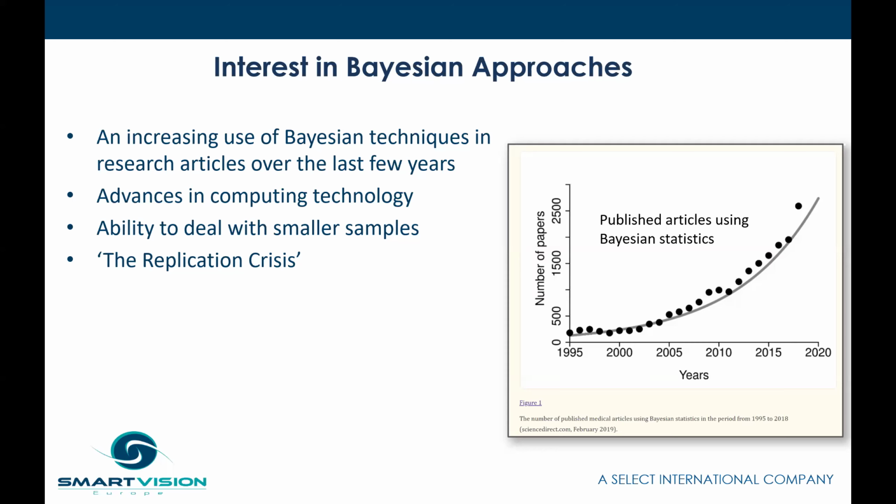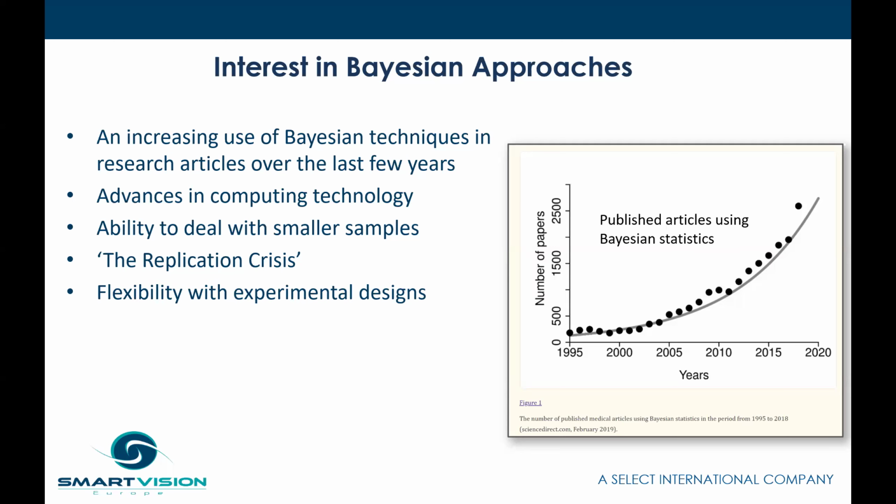Something which was statistically significant beforehand is no longer significant now, and some people have blamed that on the p-value being set at too high a level, with 5% being too easy a threshold, a 1 in 20 chance of making a type 1 error. That's just too easy, and it's going to lead people to reach the wrong conclusions. So that's probably put a bit of pressure on it.